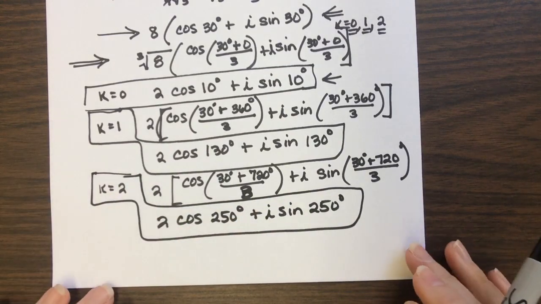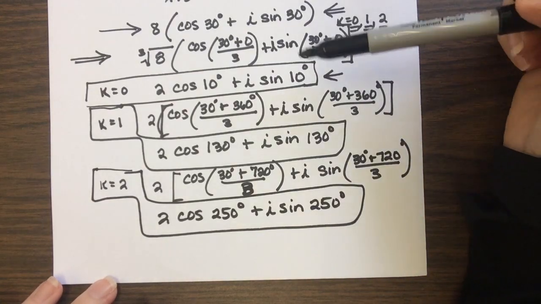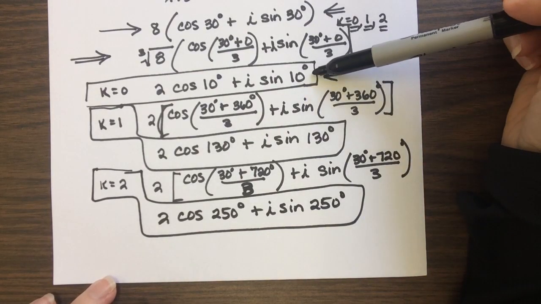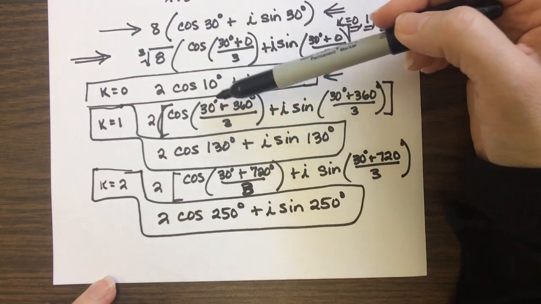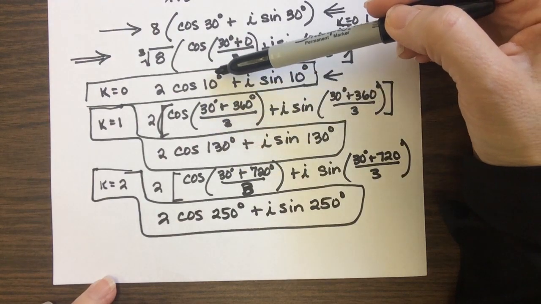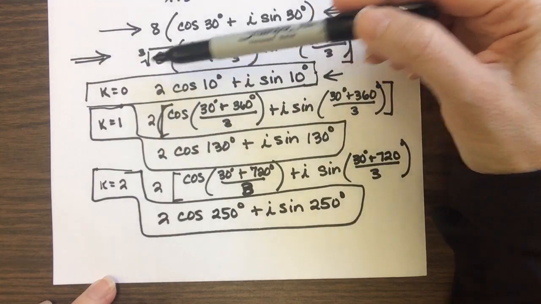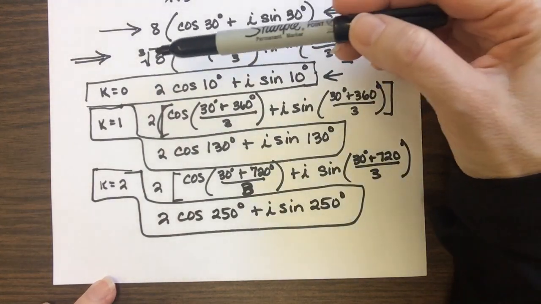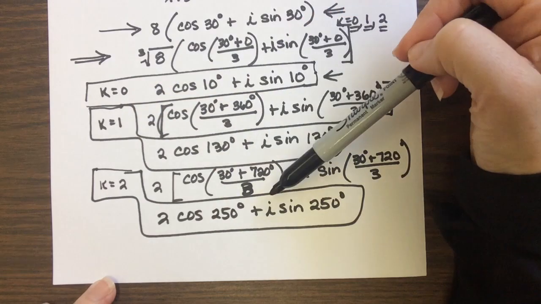Now, the only thing that I want to tell you here is once you find this first root, you've got to understand that if I am finding 3 roots, then these are going to be spaced out evenly. And if you think about that, if I'm spacing out 360 degrees, that means that I'm going to add 120 degrees each time.